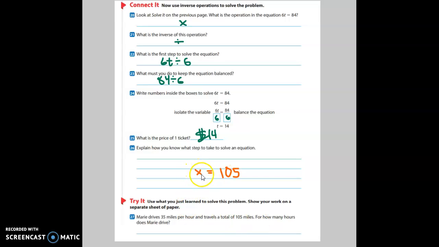So we know that if it's per hour, she's traveling this much per hour. So our variable goes with the 35. First, what operation is happening between 35 and x? They're being multiplied. So what's the opposite of multiplication? Division. So we're going to divide both sides by 35.